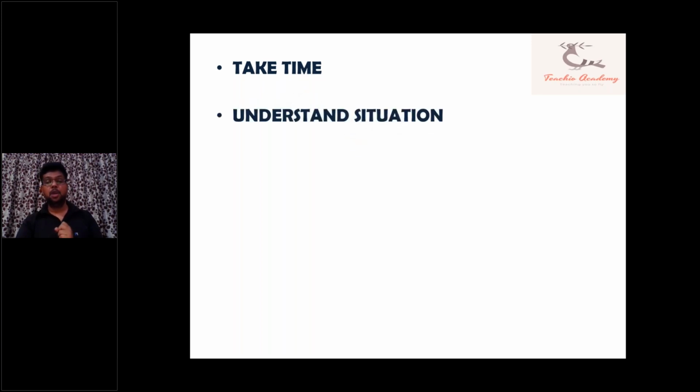Once the question paper is given to you and you see the case note of the writing section, you read it, you go through it. The first thing, take your time. Take your time to build up your confidence. Take your time to stay focused. Take your time to read the case note properly. Secondly, understand the situation.